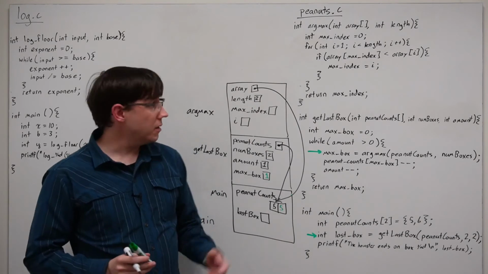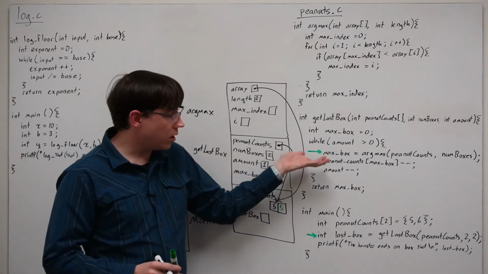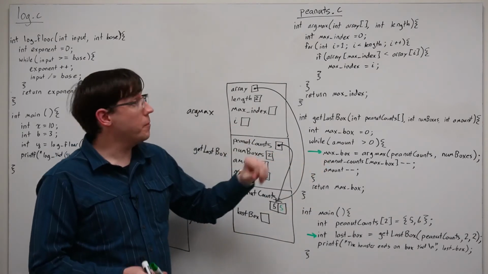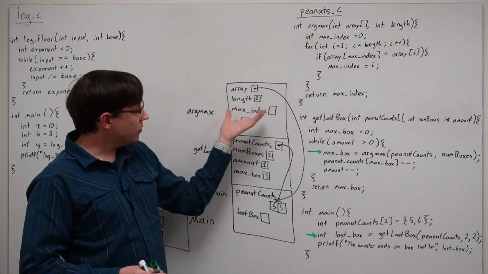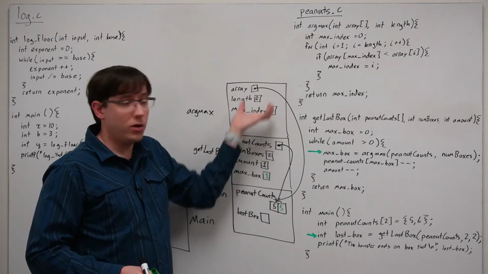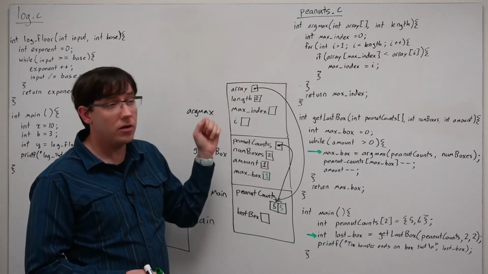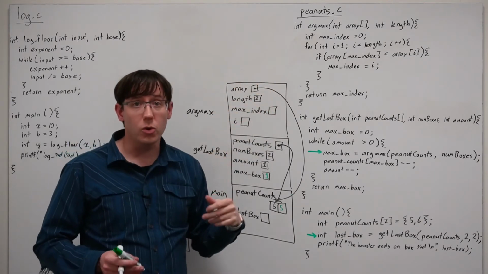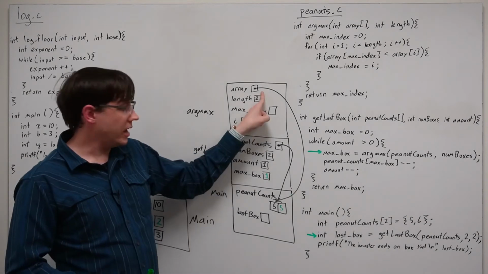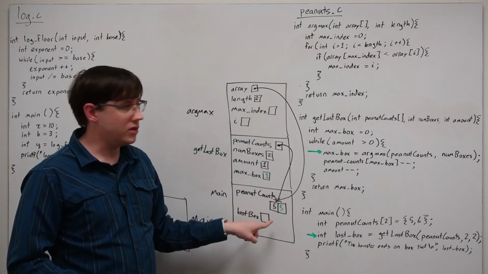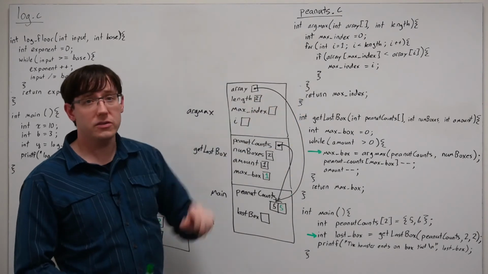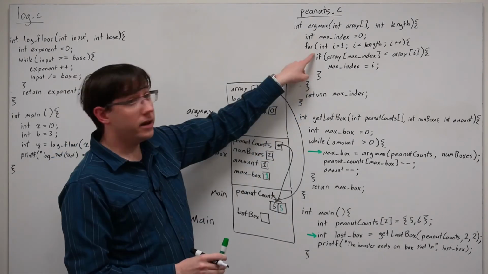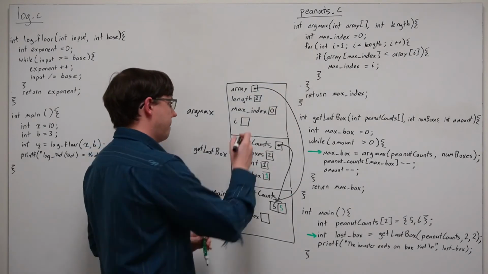But it's possible that on this new call to the function, we might have passed in different values for those variables, and so we need to keep careful track in our stack diagram of what values are currently stored in each of them. In this case, array still points to the same place, and length is still 2. We'll set max index to 0, and initialize I to 1.